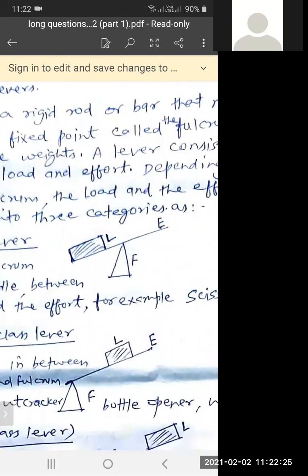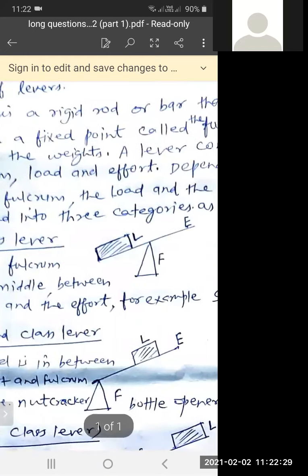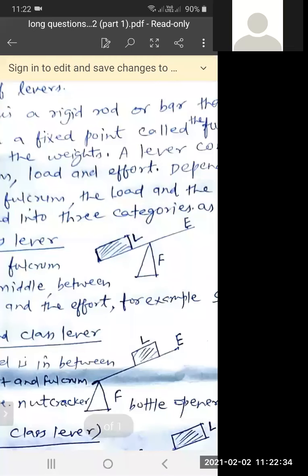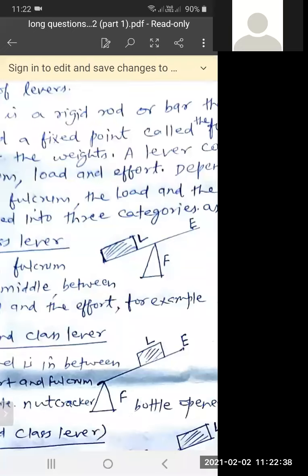In the first class lever, the fulcrum is in the middle, the load is on the left side and the effort is on the right side. Means first class lever, number one, load on the left side.